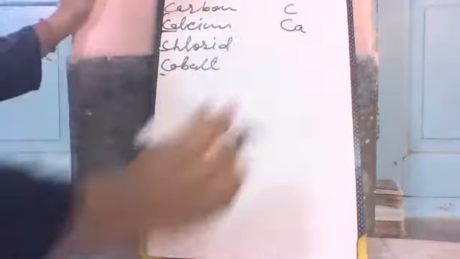Some other names also start with C, like calcium, chlorine, then cobalt. So many names start with the capital letter C, so we cannot give the symbol C to all of them. We have C for carbon, and for calcium we have Ca. The first letter is capital and the other letter is small.